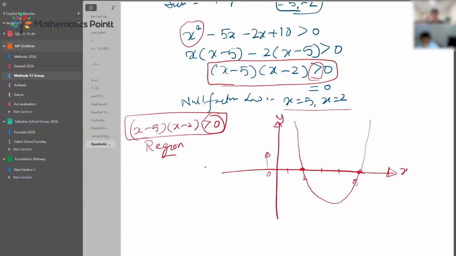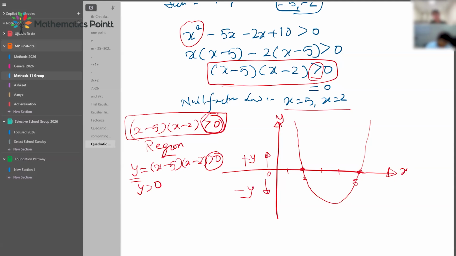Anything that sits above the x-axis is positive for y, and anything that sits under the x-axis is negative for y. So this is a positive y, this is a negative y. I am interested in only that region which is positive for y. This actually means y equals (x minus 5)(x minus 2) is greater than 0. So we're talking about y being positive.